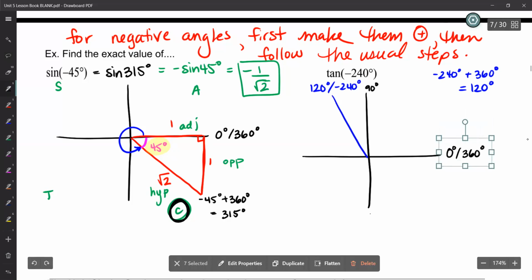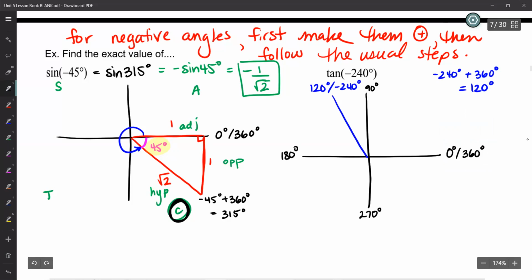Okay, so when I find my reference angle, can somebody tell me how to do this? How do we find a reference angle here? Someone that hasn't answered a question today yet. Josh, you've answered one, but go ahead. Subtract what?